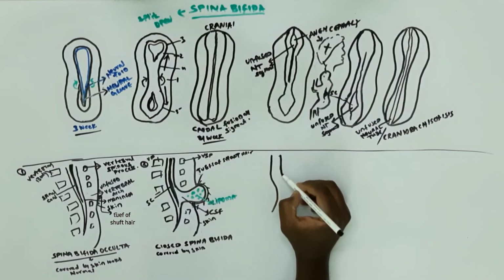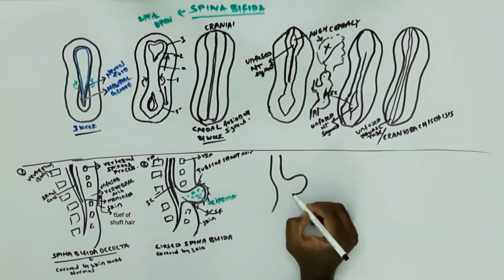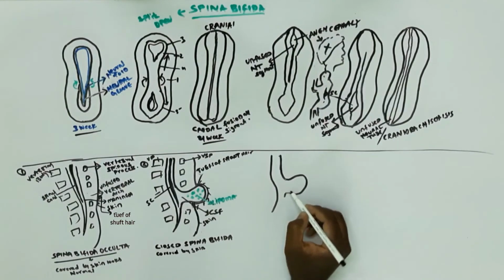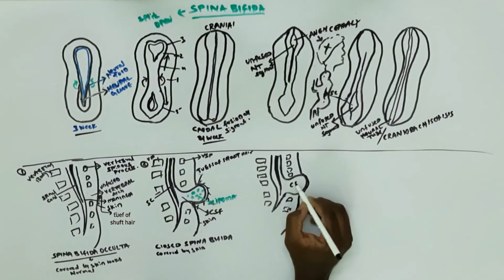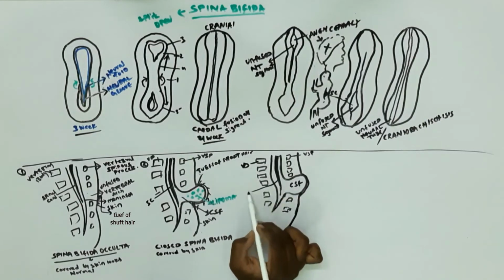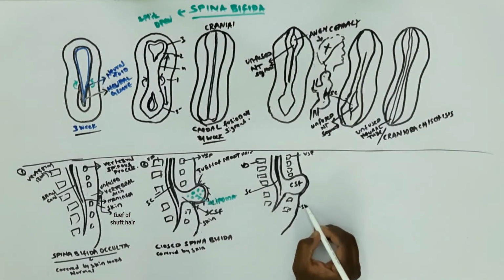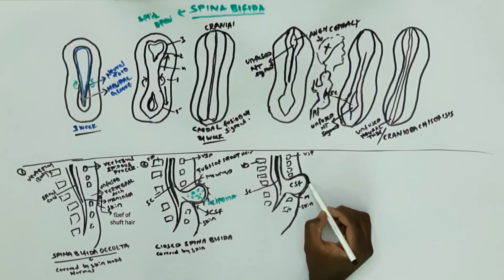Next we go to the other type of spina bifida, where there is protrusion of the meninges. This type is called meningocele. Here there is a vertebral arch gap, where protrusions of CSF and meninges come out, covered by the skin.